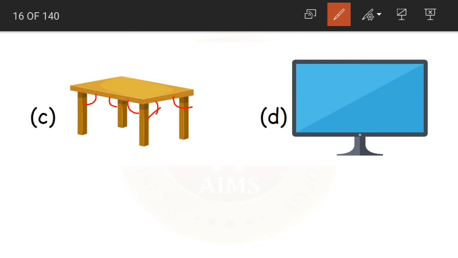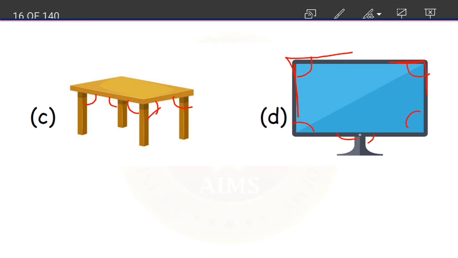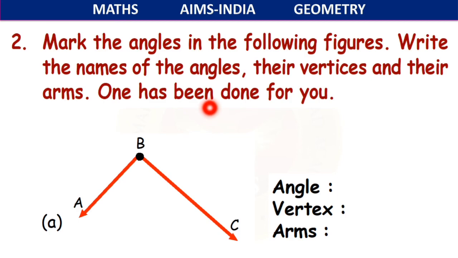So all these are angles where two sides meet or where two rays meet. Where two rays meet or where two sides meet, we always form an angle. See here, these two are meeting, so an angle. These two are meeting, angle. So all these are the angles in the objects that we see in everyday life.